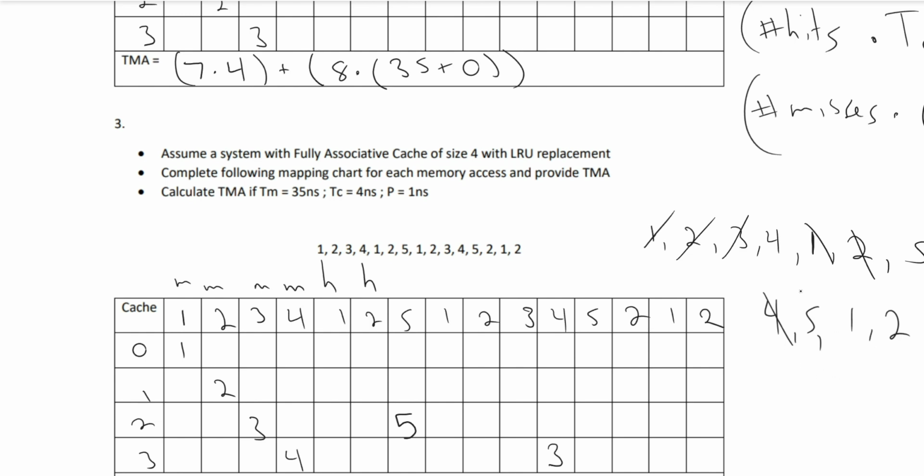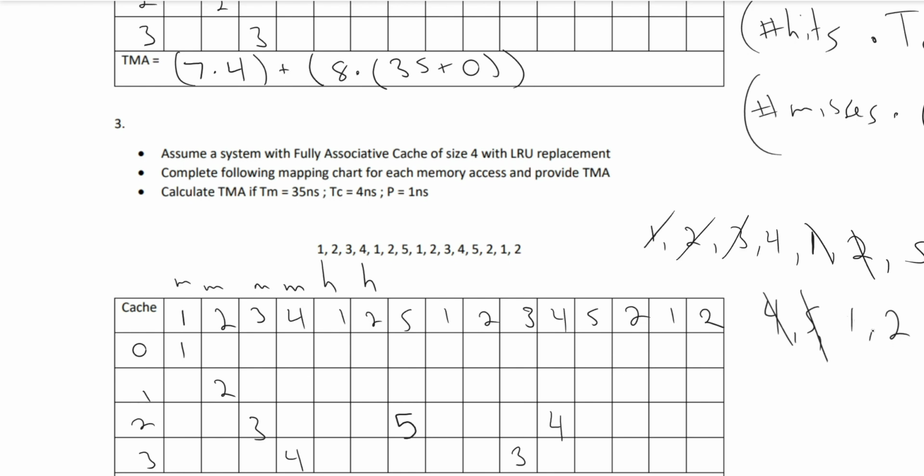And then now we're at this one right here, 4. It was not in the cache, so cross this out, replace it. Oh, did I put that wrong? Oh yeah, I did. 3 should have gone here, right? Yeah, 3 should have gone here. And then 4 goes here, right? I confused myself.